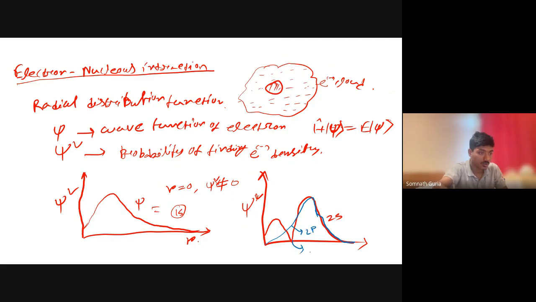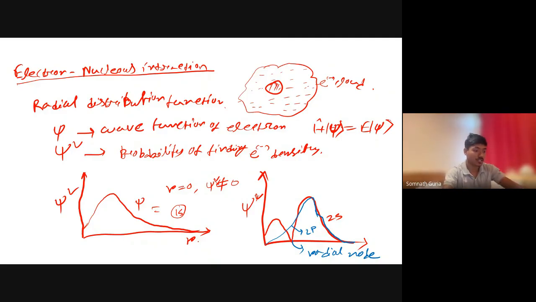This is called a radial node. So in the orbitals we are talking about, there is a node. The 2s has one node; the number of nodes is n minus 1. If it is 1s, there is no node; if n equals 2, as in 2s, there will be one node.